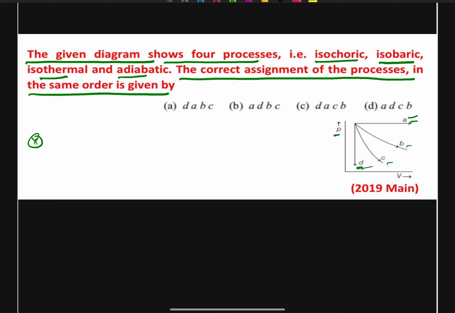So we can say our process A is our isobaric, and process D has constant volume, so this is isochoric.